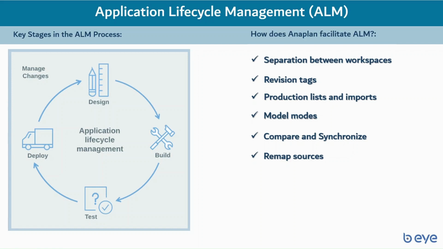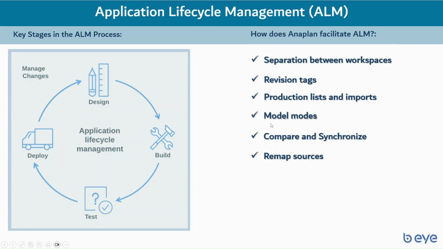Revision tags are useful in the following cases: to synchronize structural changes from source to target model, for example, from development to production; to compare revisions within the same model. Also, you can use a revision tag as a basis for a new model, and to revert a model to the latest revision tag. Third, production lists and imports are used to separate production data from the model structural information.